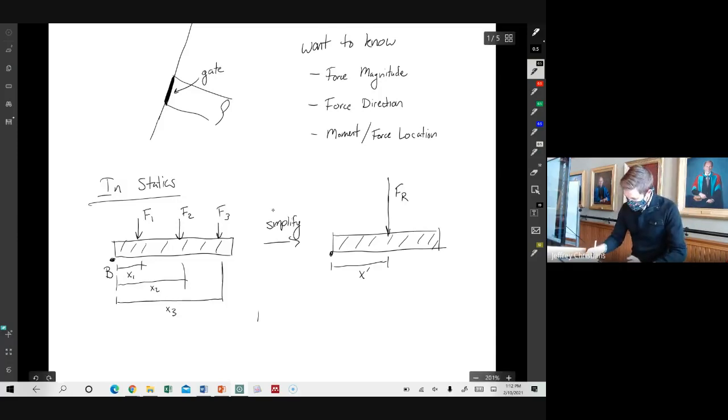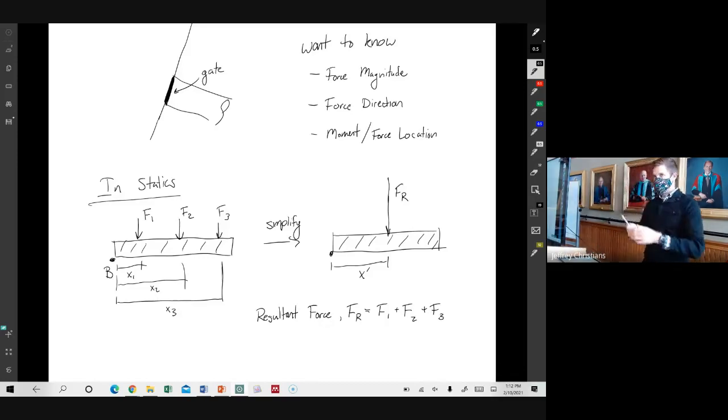So the resultant force Fr equals F1 plus F2 plus F3.